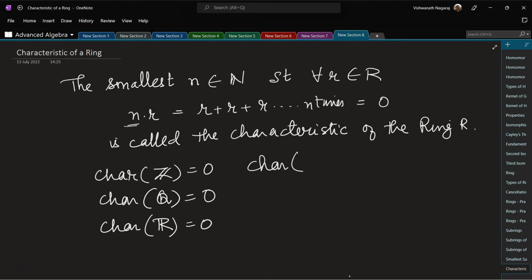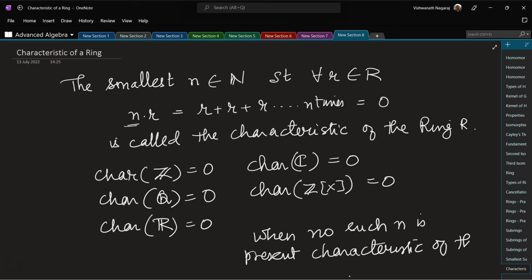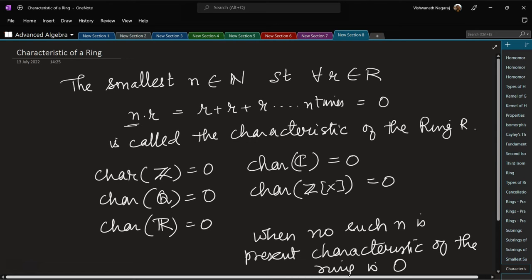Similarly, the characteristic of complex numbers is equal to 0. Similarly, the characteristic of polynomials with integer coefficients is equal to 0.